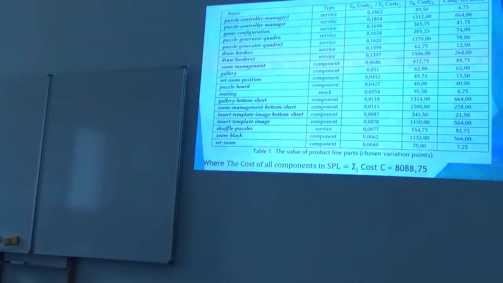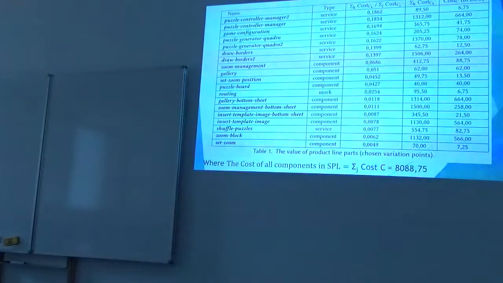This seems as if you're assessing the quality of your product line in absolute terms, like is it good or not, but you're not assessing your approach. How does your approach affect the quality of a product line?